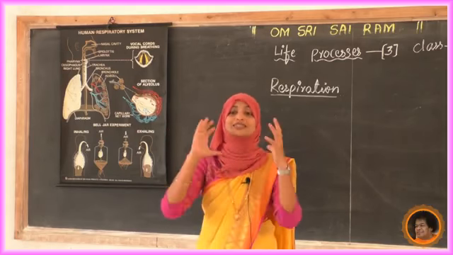In the absence of that, all the dust particles, chemicals, smoke and gases may enter our respiratory tract. So surely their lungs and respiratory system may be damaged. They may get different diseases, like cancer also. It leads to cancer finally.